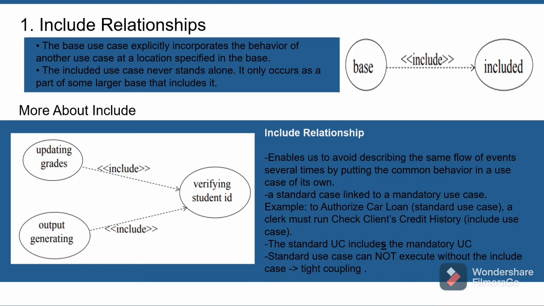A standard case linked to a mandatory use case. Example, to authorize a car loan, a clerk must run a check on the client's credit history. The standard use case includes the mandatory use case. The standard use case cannot execute without the include case, or the tight coupling.